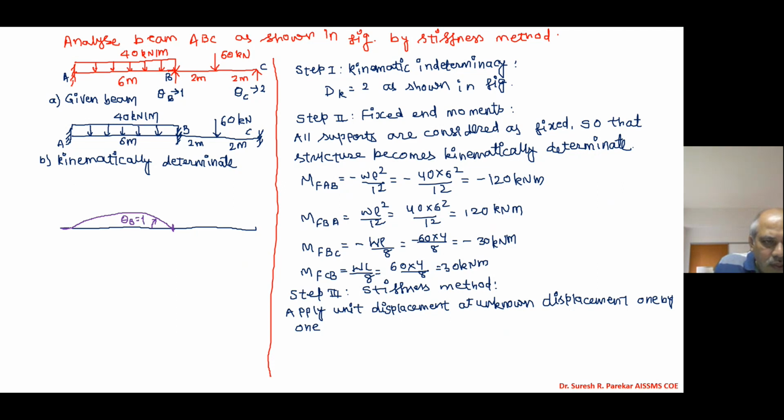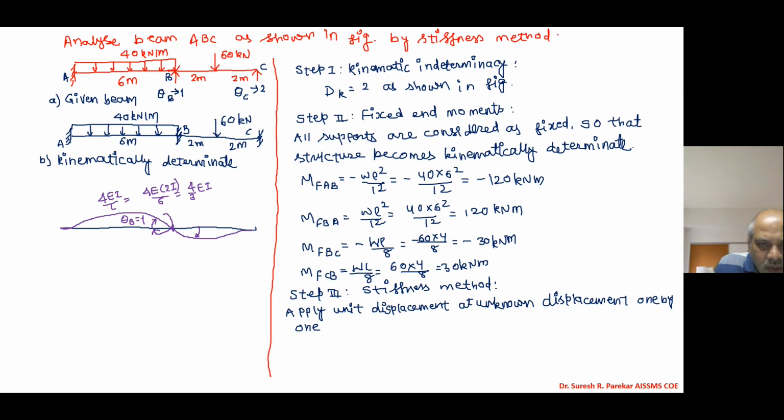How much moment we require, that we have already seen. We require 4EI upon L, with 2I and L equal to 6, and then we get 4 by 3 EI. This is for BA.